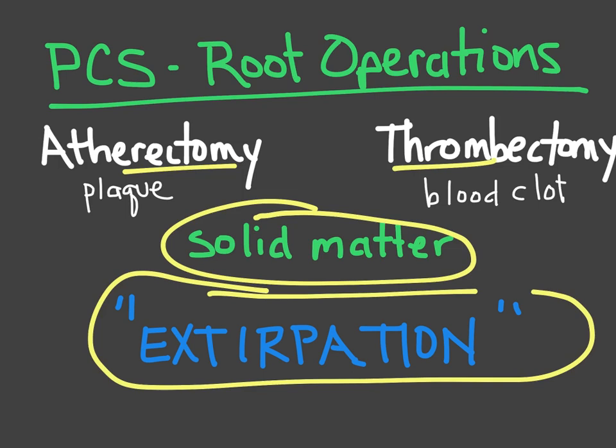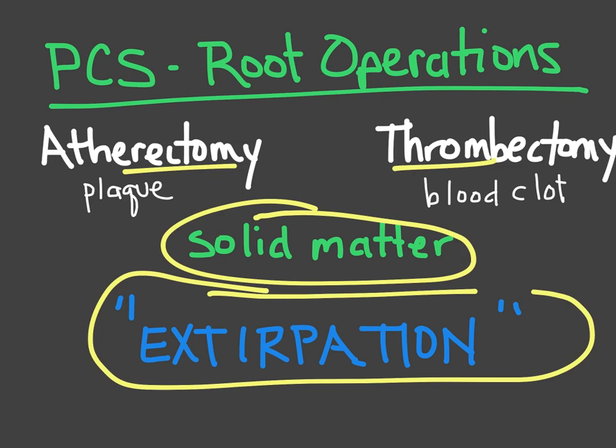And when you look at the definition of extirpation in your appendix, you'll be reminded that solid matter could be anything from perhaps a fish bone cutting into your throat, but it can also mean an abnormal biological byproduct of the body.